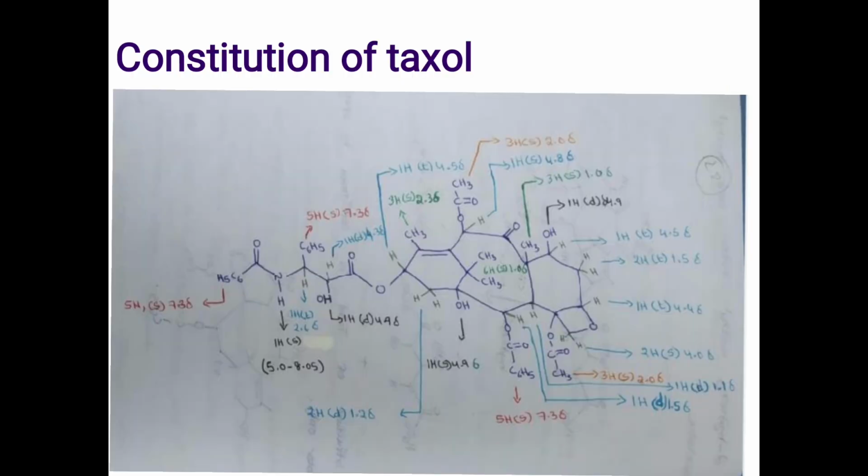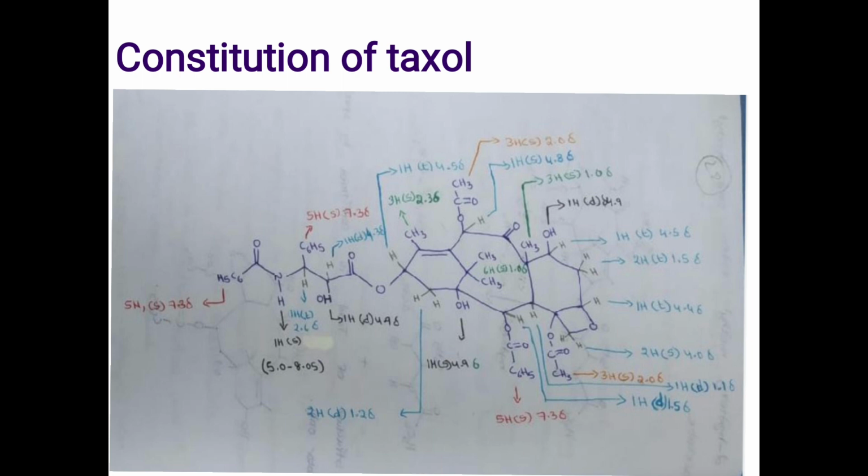The structure of Taxol is elucidated by using spectral data. Taxol contains 4 free hydroxy groups in the structure.